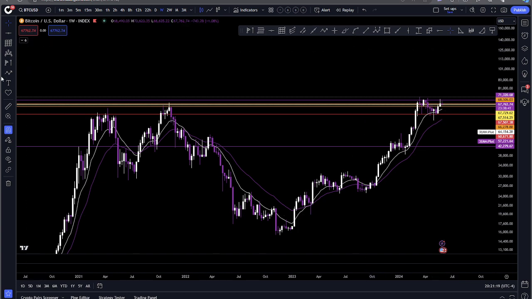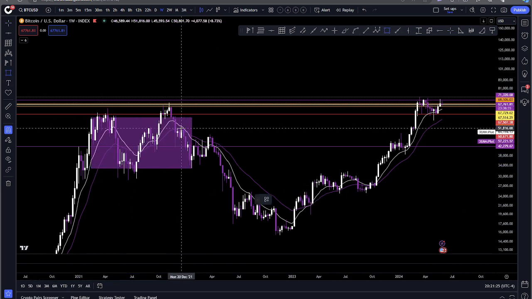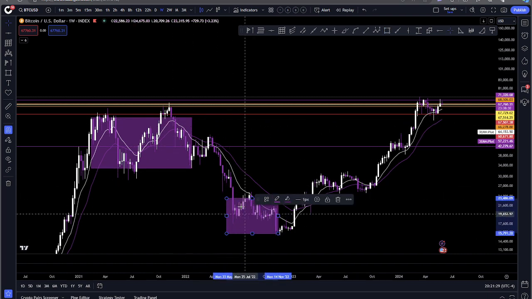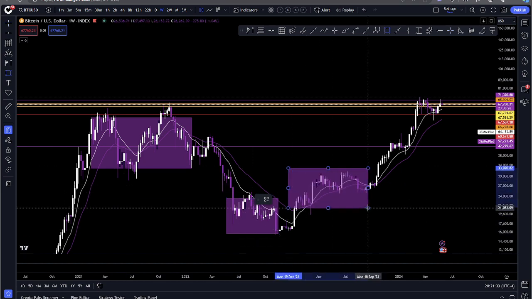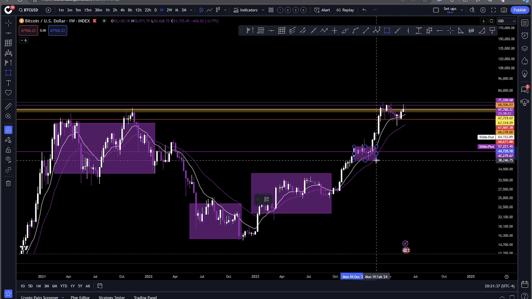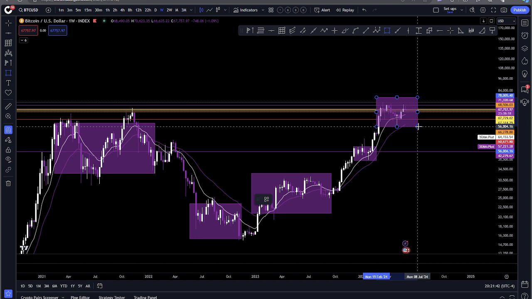Just really quick so you understand. This could be one contraction phase, right? Sideways movement. We have a trend down. This is a contraction, right? Trend down, contraction phase, sideways. Then we have a trend up. This could have been a contraction phase here. Trend up, contraction phase, sideways movement, trend up, contraction phase.